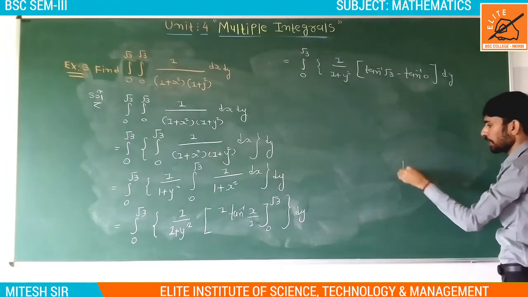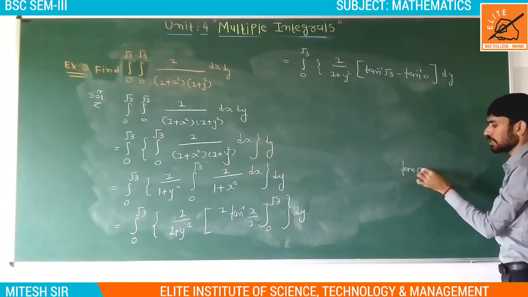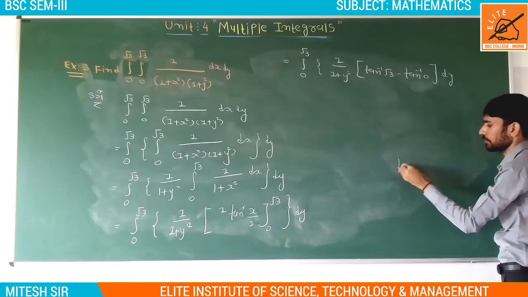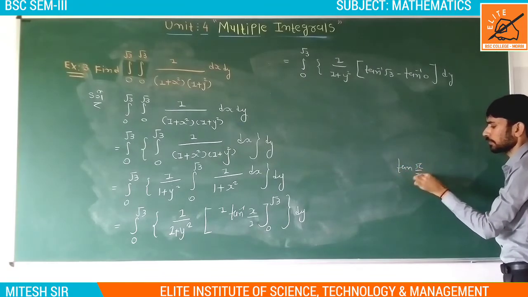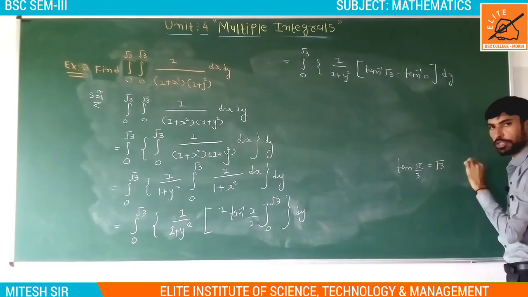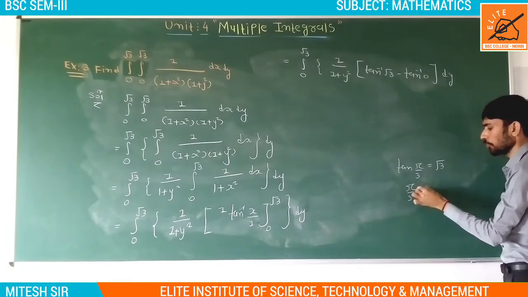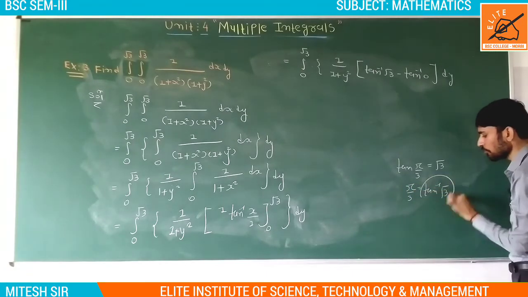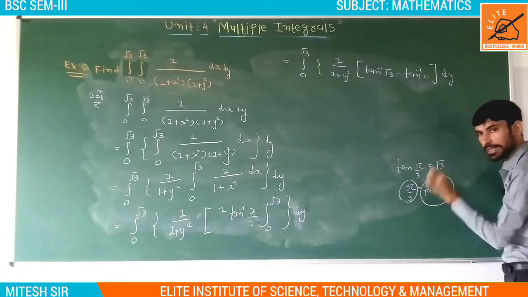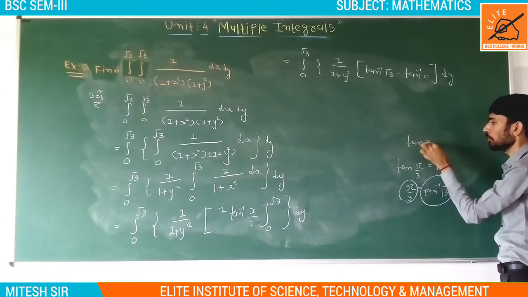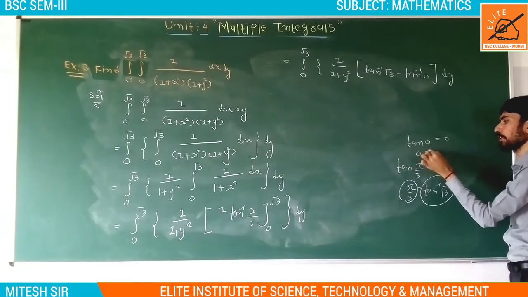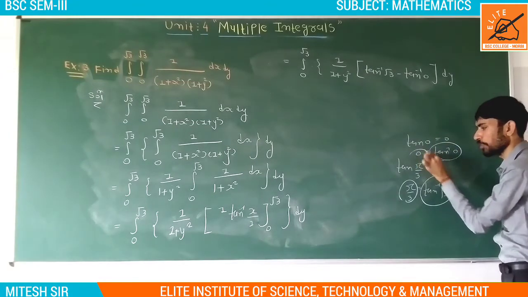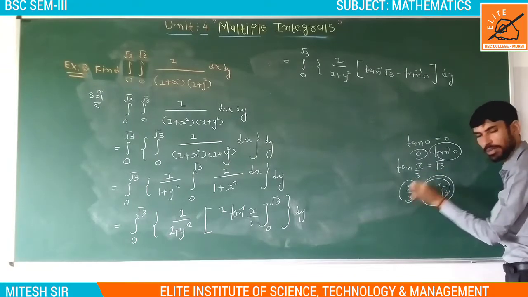As we know, the value of tan 60, that is tan pi by 3, is root 3. Then pi by 3 is equal to tan inverse root 3. So tan inverse root 3 is nothing but pi by 3, and tan 0 is equal to 0. So tan inverse 0 is equal to 0.